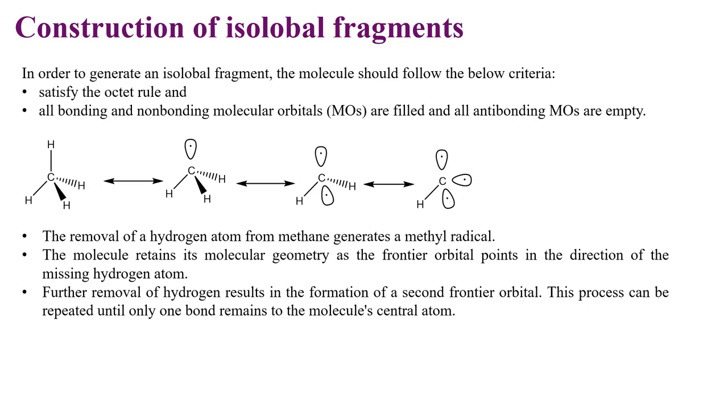Further removal of a hydrogen atom results in the formation of a second frontier orbital following the same criteria. This process repeats until only one bond remains to the central atom, like CH. If you look at this example here, the frontier molecular orbitals are pointing out in the direction where the hydrogen atom has been removed.